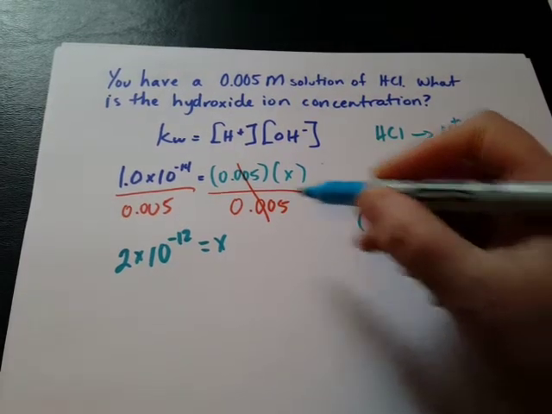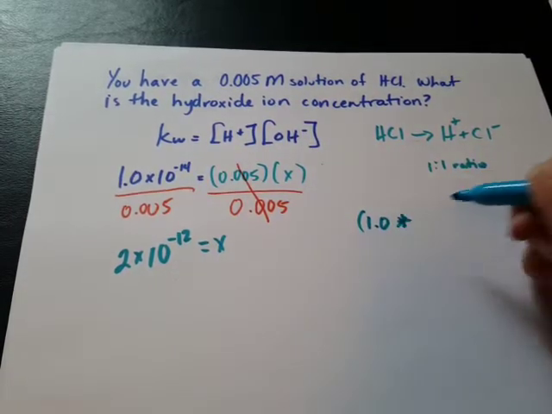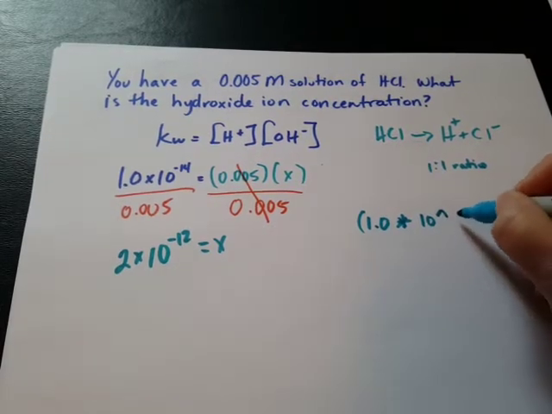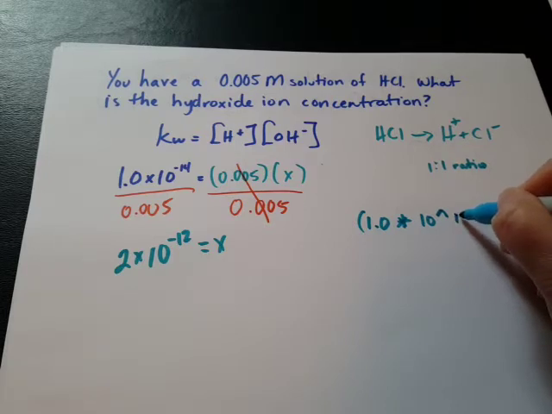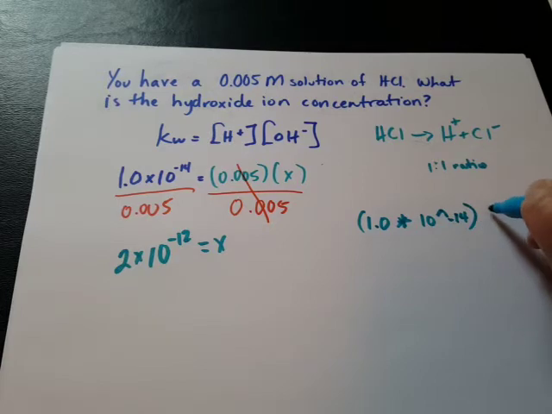I myself would use brackets, so 1.0, then the multiply sign, the 10, the exponent sign, and then I would type a 14 negative, but just make sure it goes in as negative 14. Close the brackets, and then divide by your value.